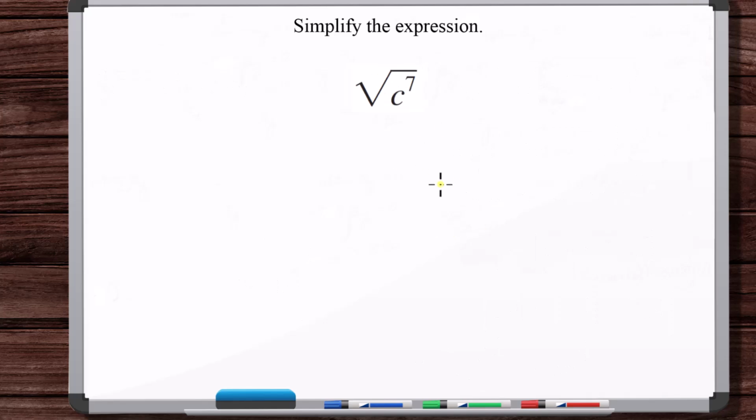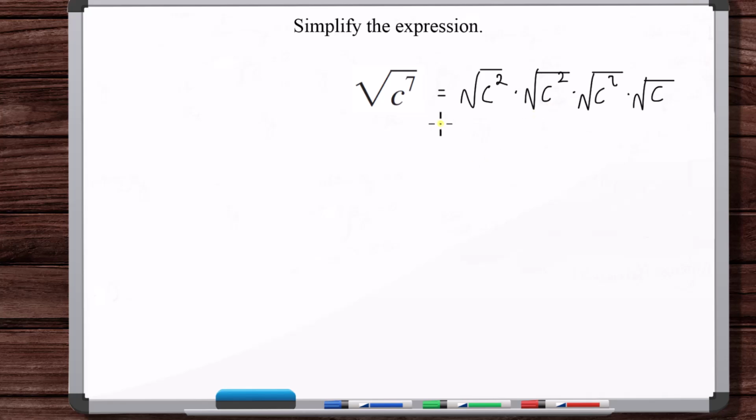Okay, here's a good example. So we know we have c to the 6th, and we can write it this way. So that's 3 absolute values of c. So don't we have to leave the absolute value?